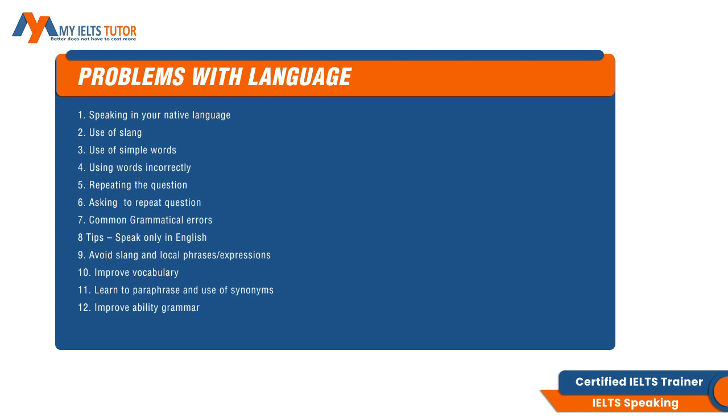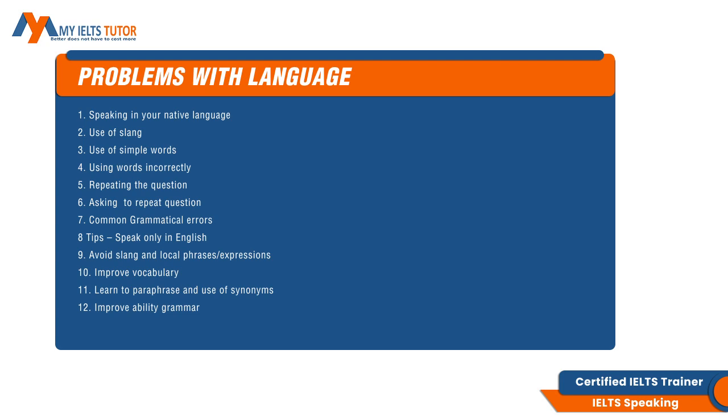You don't want to rely on simple or common words. This happens with a lot of students who are middle of the road speakers. They can use English pretty well, but they generally rely on common and simple words for the most part. They lack an advanced vocabulary. They may have mastered some words, but they haven't mastered enough.